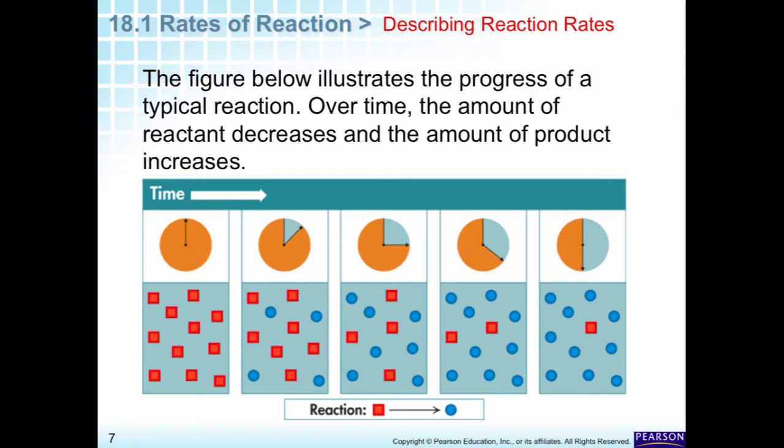Okay? So if we look at the next square, we now have only 4 left. So we lost how many more? We lost 3 more in 5 minutes. Then in 5 more minutes, we lost 2 more. And then in 10 more minutes, we lost 1 more. Okay? So we're looking at the rate kind of changing as time goes on.